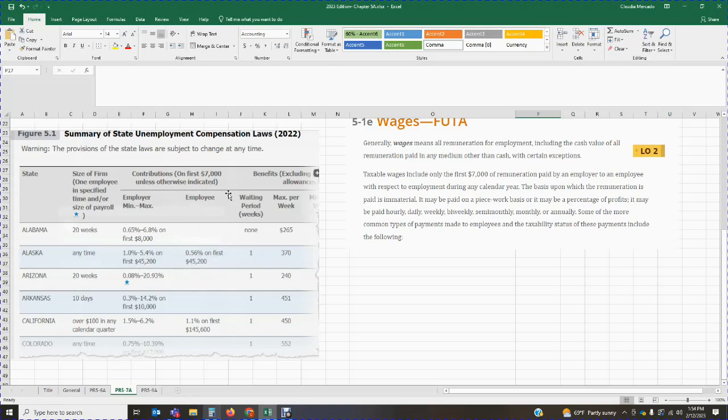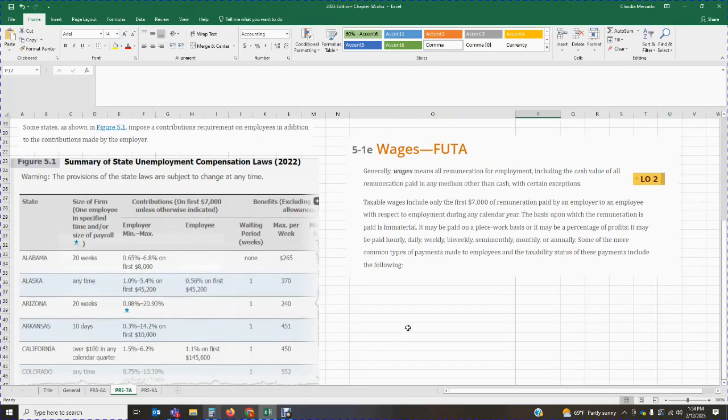In California, the employee must pay 1.1% on the first 145,600. So for the state unemployment tax, yes, the employer needs to pay, but there are some states where the employee also has to put in a contribution to it. And just remember, the federal is on the first $7,000. That is across the board. That does not change. All states must pay federal unemployment tax on the first $7,000 of earnings.